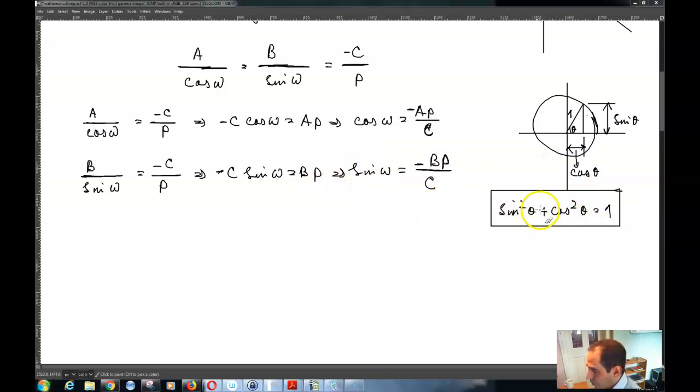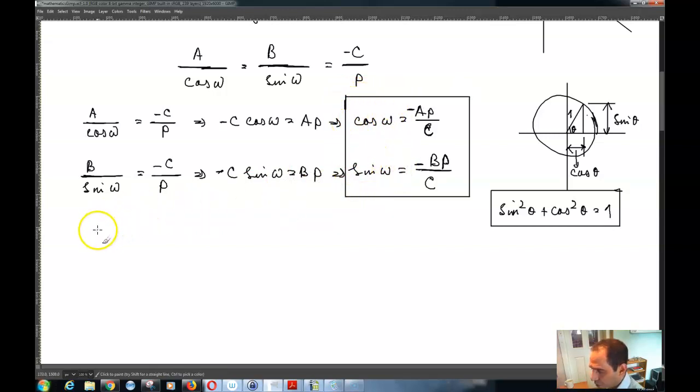So if you know that cos omega and sine omega are these things over here, I know what cos omega is and I know what sine omega is.